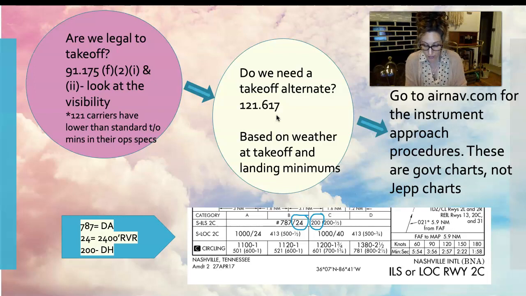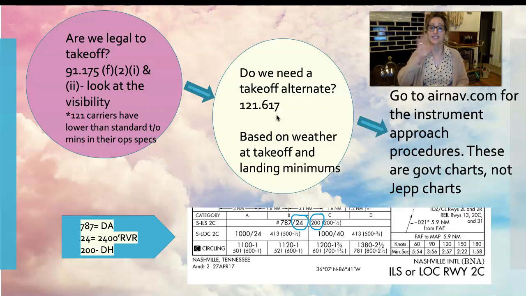It says, if the weather conditions at the airport of takeoff are below the landing minimums in the certificate holder's operation specifications for that airport, no person may dispatch or release an aircraft from that airport unless a dispatch or flight release specifies an alternate airport located within the following distances from the airport of takeoff. Pause.